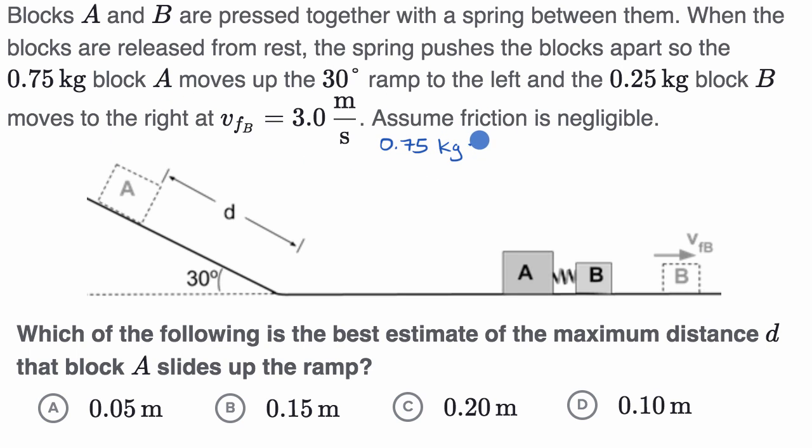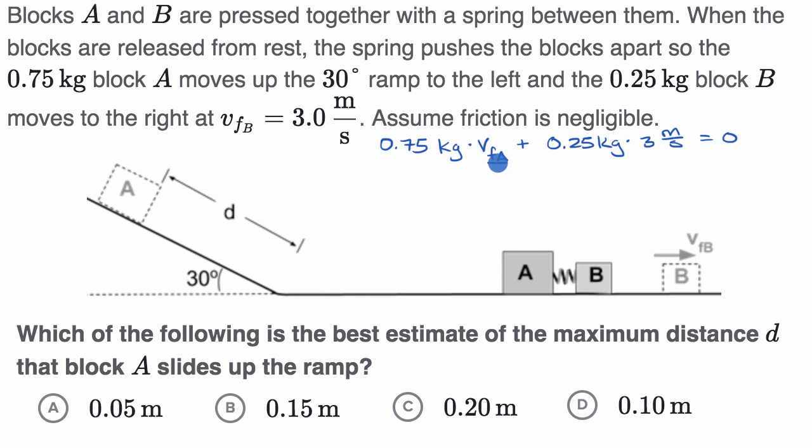Well, we don't know what this is. Let's call this the final velocity for A, in meters per second, plus B's mass, which is 0.25 kilograms, times B's velocity, which is 3 meters per second. This should be equal to 0.